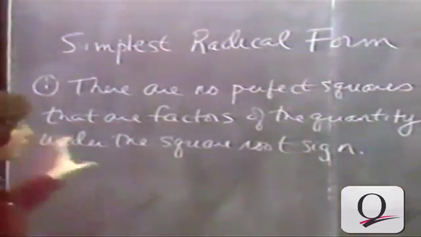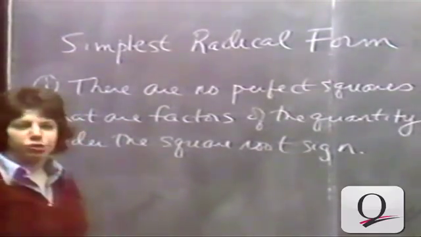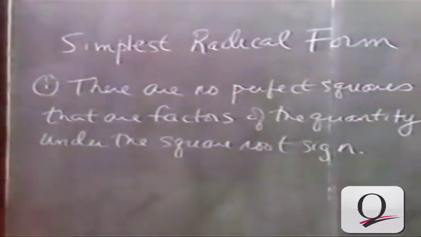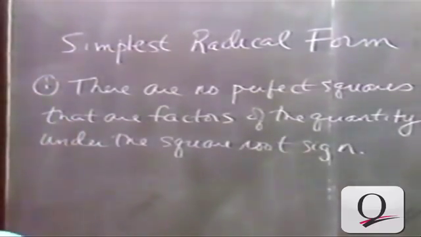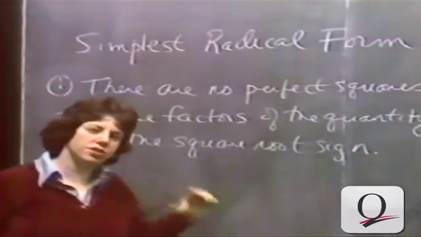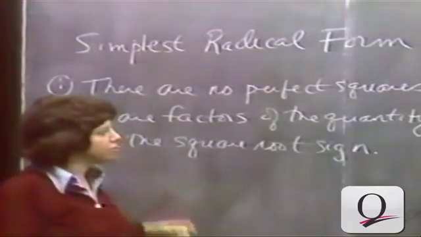Our radicals in elementary algebra are all square roots. We don't want there to be any perfect squares that are factors of the quantity under the square root sign. If there were, then we could pull something out. We'll see examples of this later on.